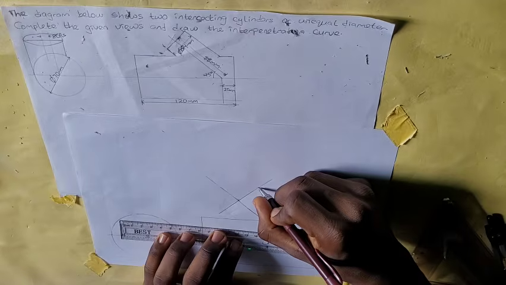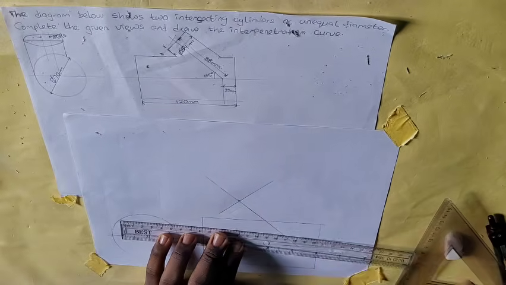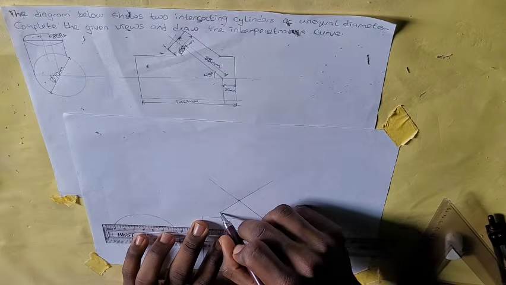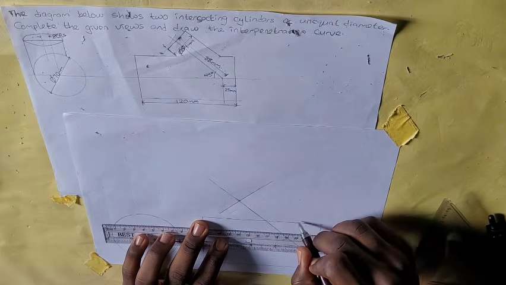So this is point 1 and this is point 2. Now I'm going to draw the line from here to this point here.